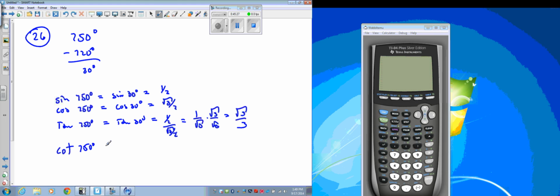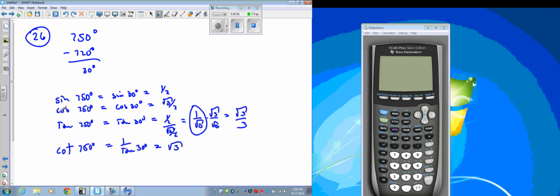Now cotangent of 750 is going to equal, and what I would do is I would say, is it 1 over the tangent of 30? And that's simply inverting this thing right here, right? So it's square root of 3. And then what's related to sine in terms of secant, cosecant?